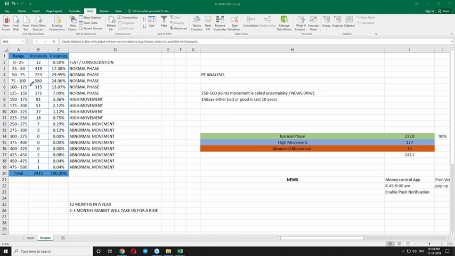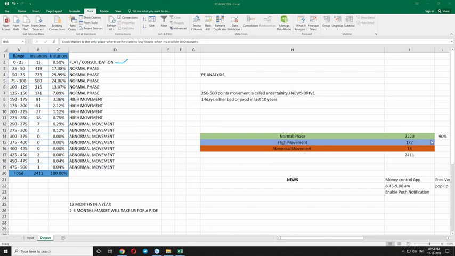When Nifty moves 0 to 25, we can tell it is a flat or consolidation phase, and there cannot be a loss in this market unless you buy options. Unless you buy a huge quantity of options, there is no possibility of this market condition making a big loss.